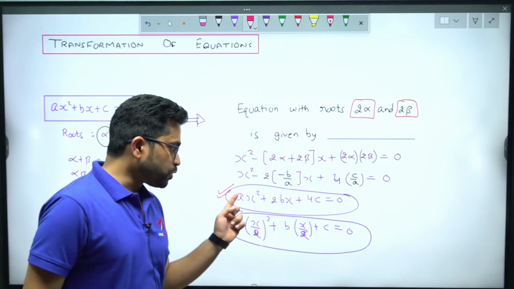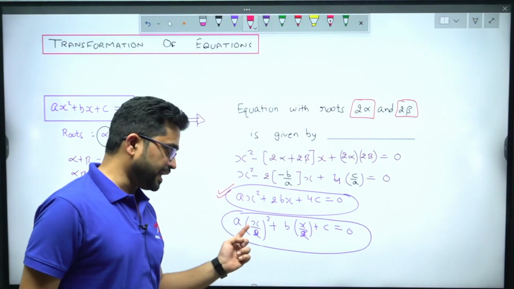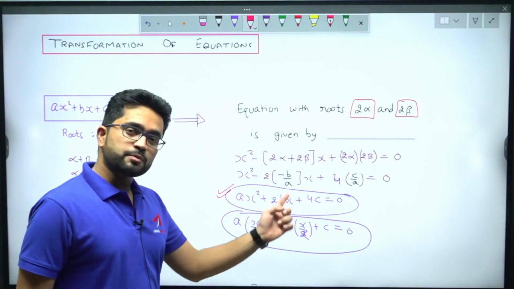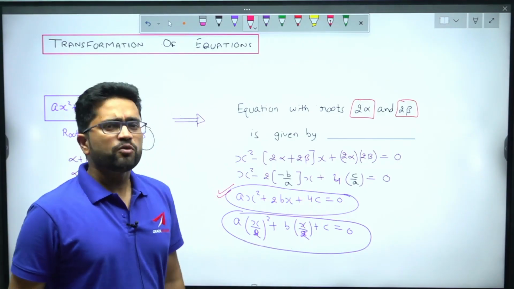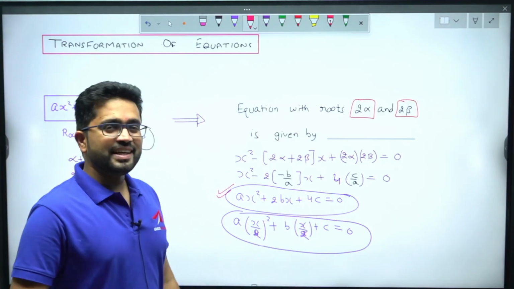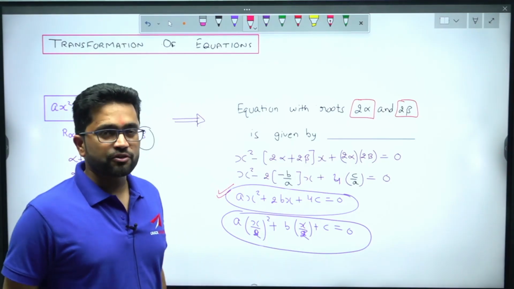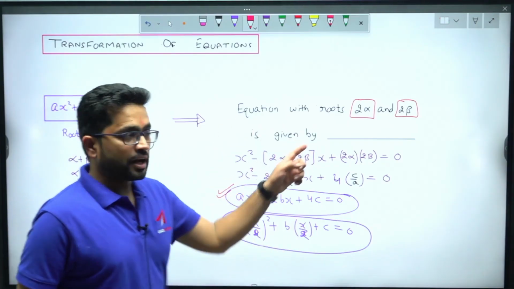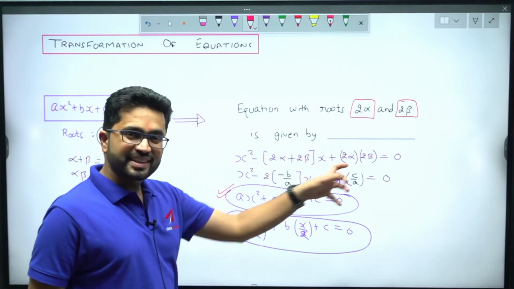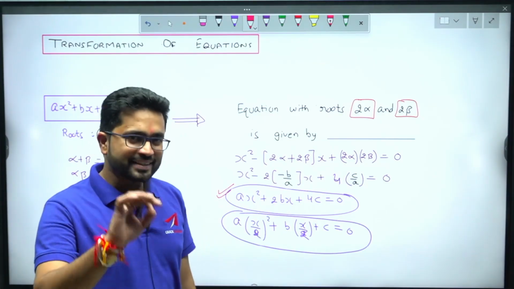So ax square by 4 is a times x by 2 whole square, 2bx by 4 is b times x by 2, and 4c by 4 is c. Why I am doing this, you will get to know. Basically, I need to develop some trick for which I can directly write the desired equation. Next time I don't want to go through this analysis. So I need that technique.